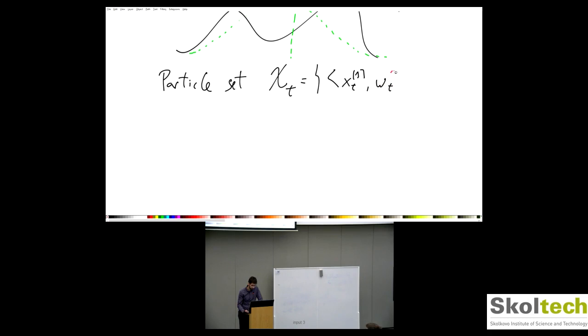This pair, I'm going to explain later exactly why we need the weight. Depends on how you are using it. You might not need it, if you just draw samples and assume that weights are equal for all of them. But in this case, you will see that this will help us to have a better algorithm. And then basically we have M particles, right?